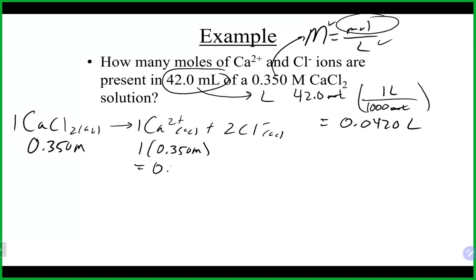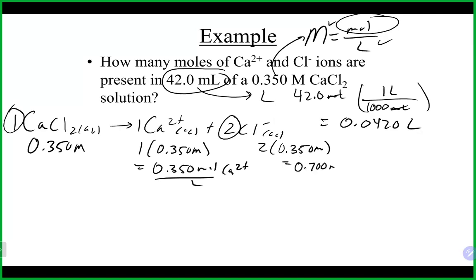It'd be 0.350 moles per liter calcium ions. If we do it for the chloride, it's a 1-to-2 relationship, which means we need to multiply the molarity here by 2. And if we do that, we're going to get 0.7, I believe. That's going to give us 0.7 moles per liter of our chloride.